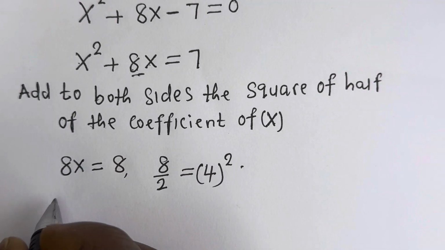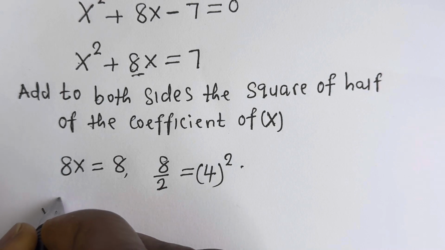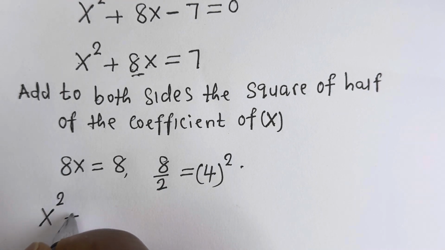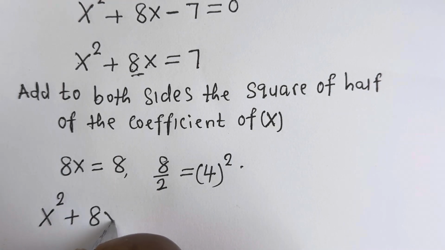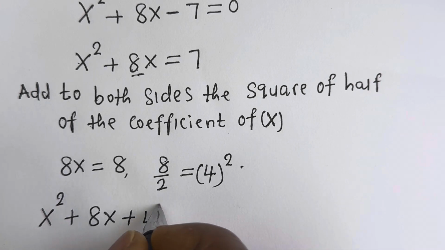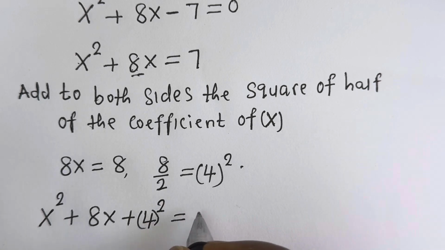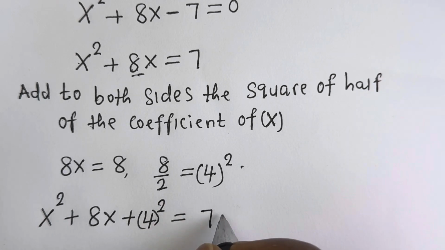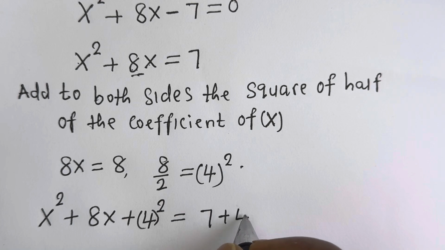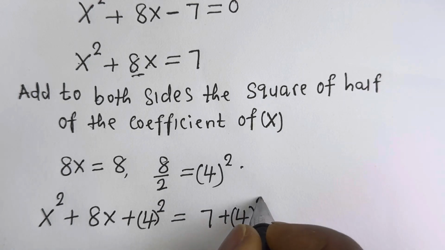That is, we have s squared plus 8x plus 4 squared is equal to 7 plus 4 squared.